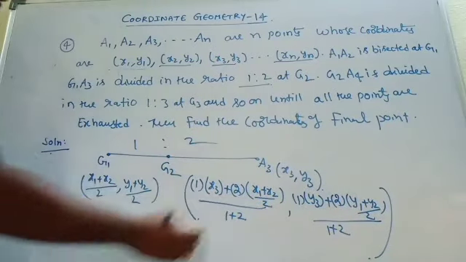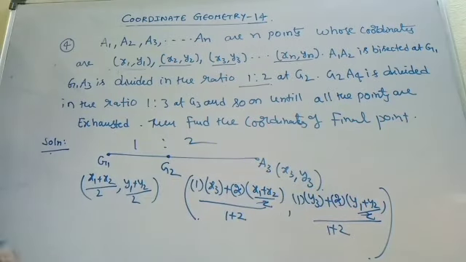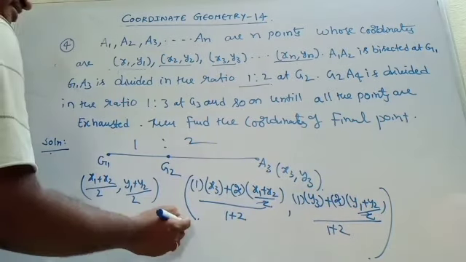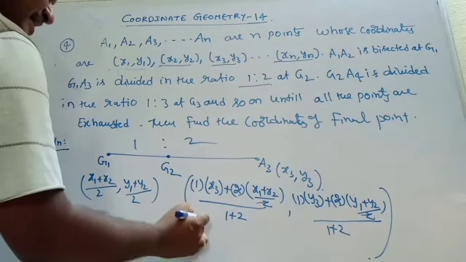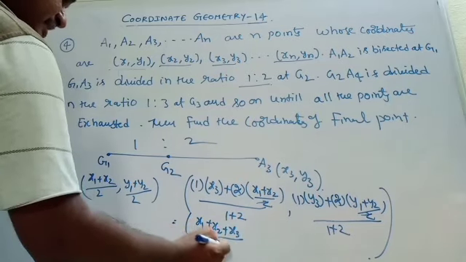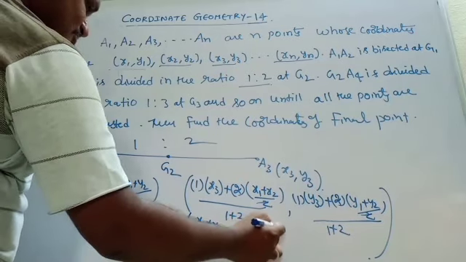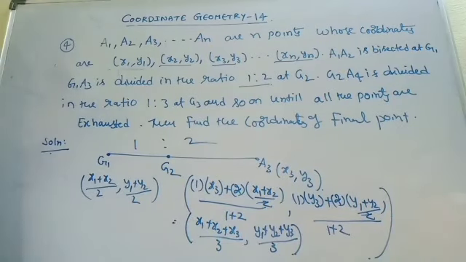Of course, the 2 will cancel here and here. Now you have got wonderfully this point G2 as ((x1 plus x2 plus x3) by 3, (y1 plus y2 plus y3) by 3).